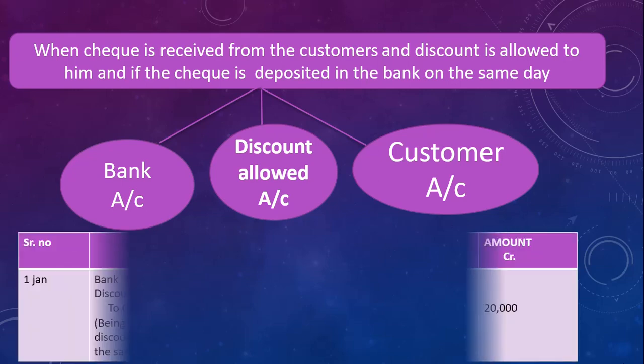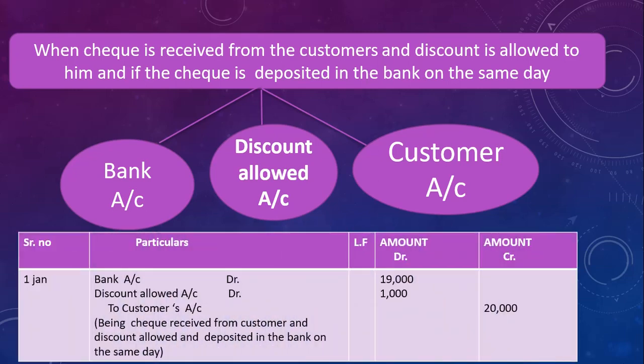So the entry will be bank account debit, discount allowed account debit to customer account, because we have allowed discount to customer, so it is an expense for our business and all the expenses are debited. That is why discount allowed account debit.